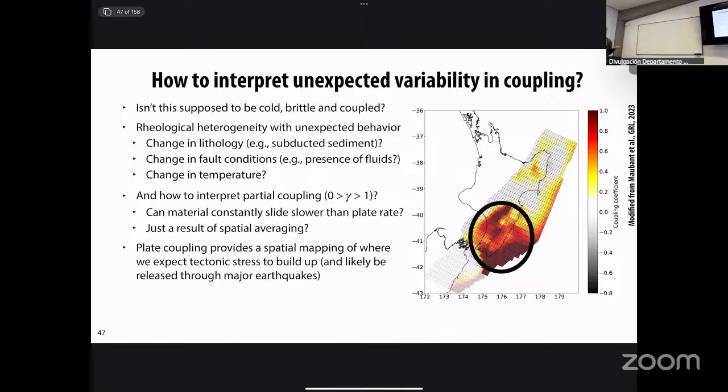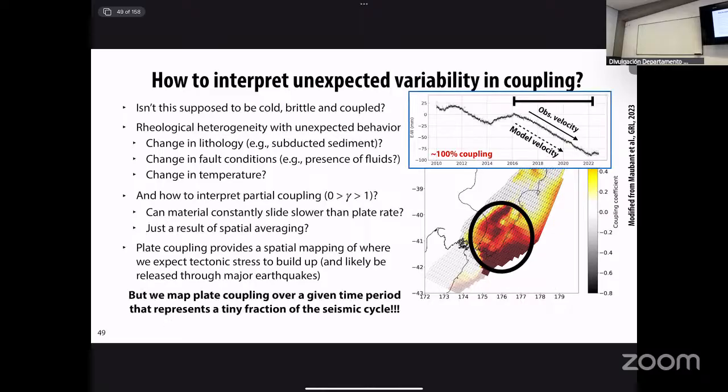But regardless of all these complications, we can still use this map in a productive way and say that if we have this big patch here, like a 200 by 200 kilometer patch that's building up tectonic stress, that could result in, let's say, a magnitude 8, we believe, or we use earthquake scaling to figure out what that might be.